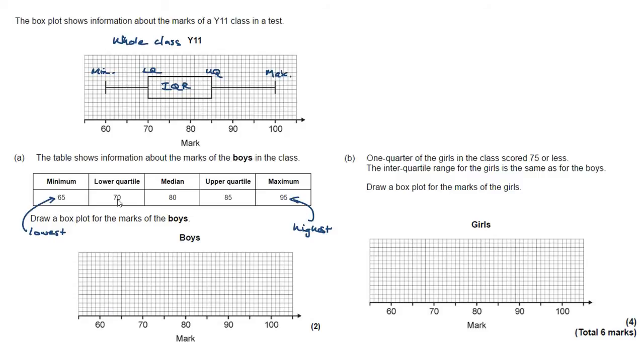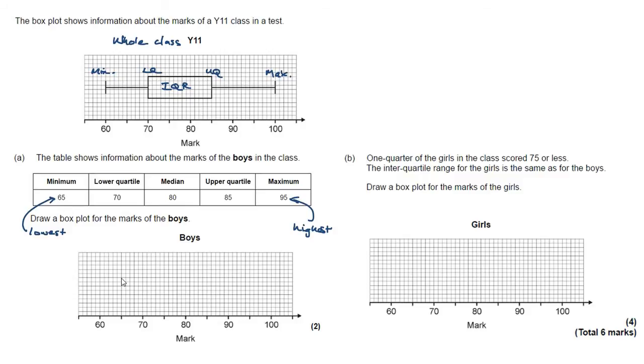The lower quartile for the boys is at 70, exactly as it is for the whole class in fact. The median is here, but we'll not worry about that too much. It's more important to get the lower quartile and upper quartile, and then this box area which represents the interquartile range. So we'll have the lower quartile and the upper quartile, and then the maximum, the highest, and then we'll mark on the median just to complete the plot.